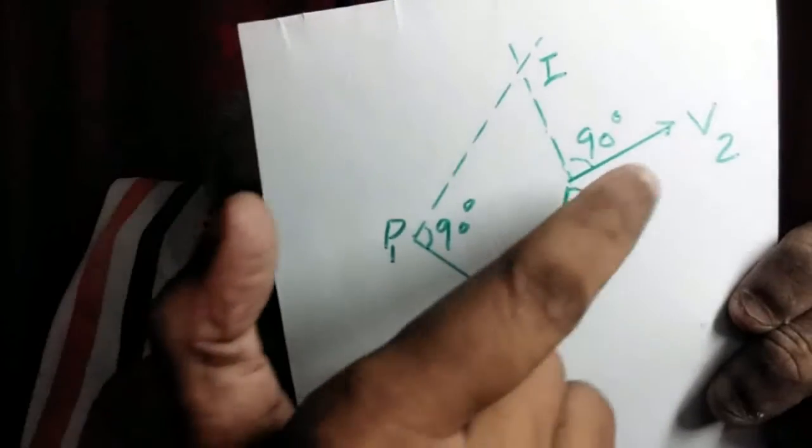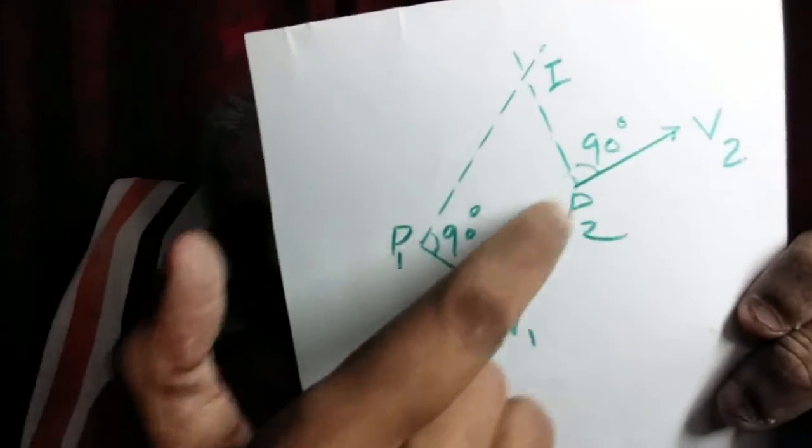These two velocities are inclined to each other. Here, to locate the instantaneous center, the procedure is quite simple. Just draw perpendiculars from the foot of these two velocity vectors. And the point of intersection of these two perpendiculars is nothing but the instantaneous center.